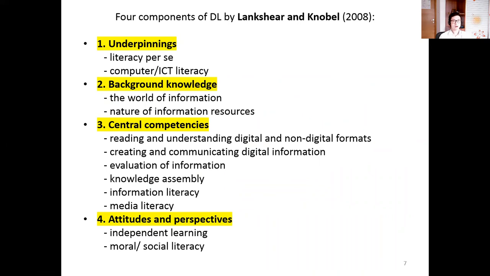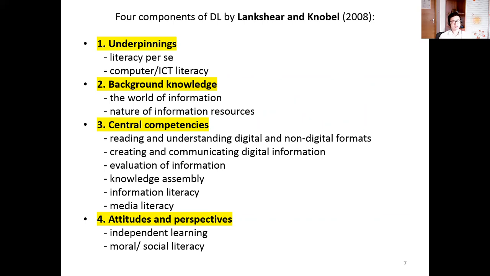Second, background knowledge. Users, learners, students are expected to possess a world of information and understand the nature of information resources. Third, central competences. There are a wide range of competences included in digital literacy, such as reading and understanding digital and non-digital formats, creating and communicating digital information.